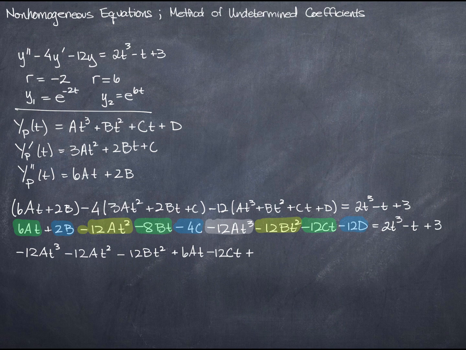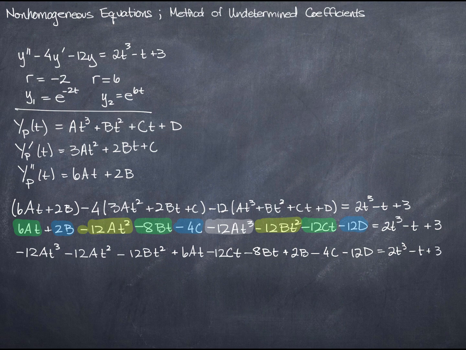So I just add my minus 8bt. And then the blue terms are my constant terms, 2b minus 4c minus 12d. Still has to equal 2t cubed minus t plus 3, though.